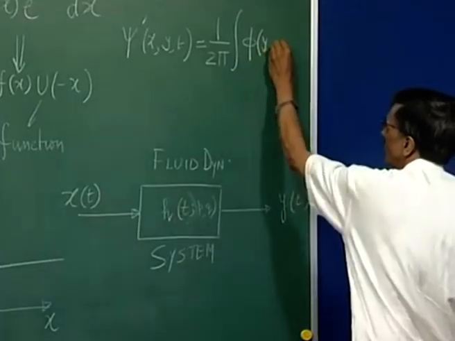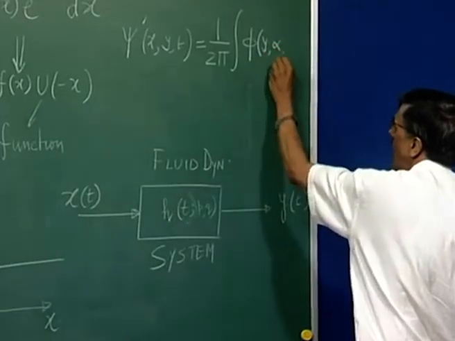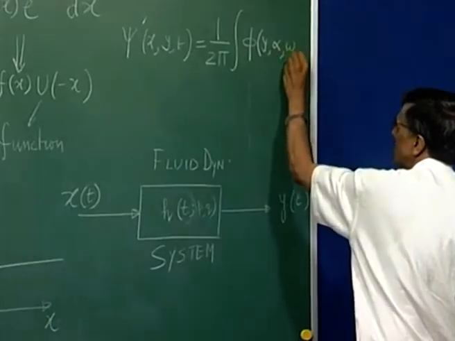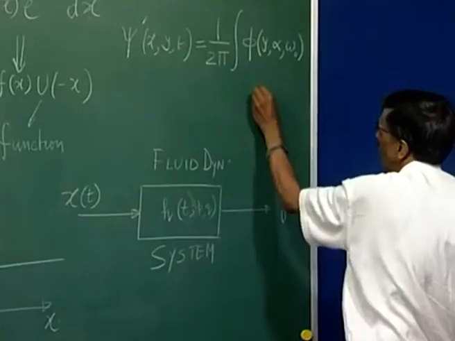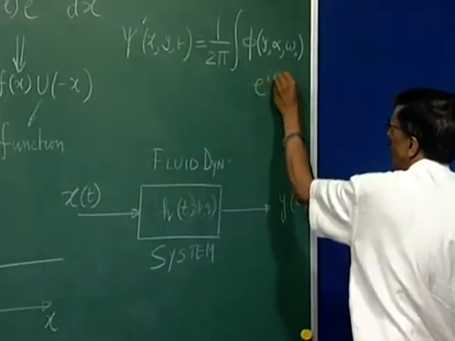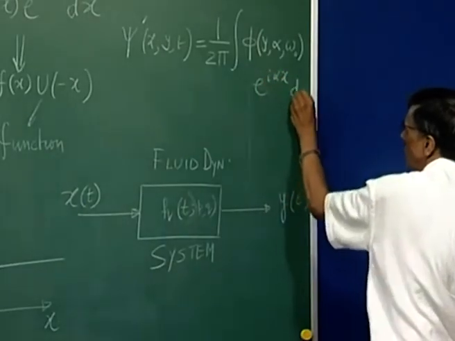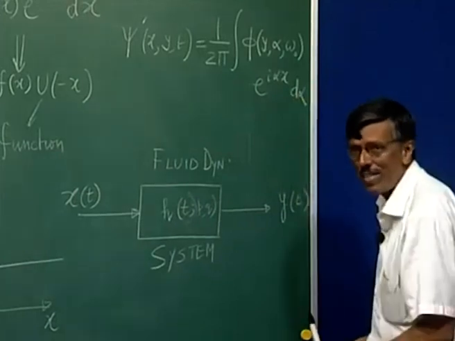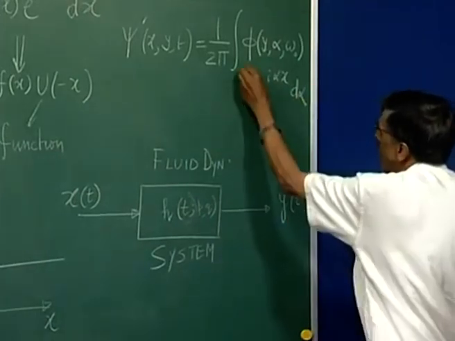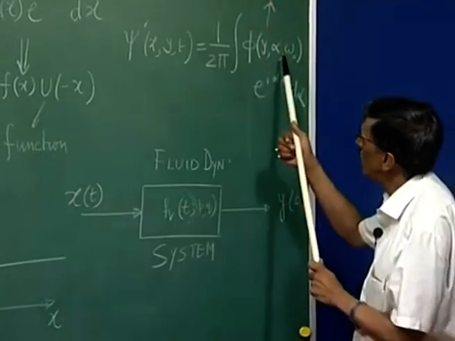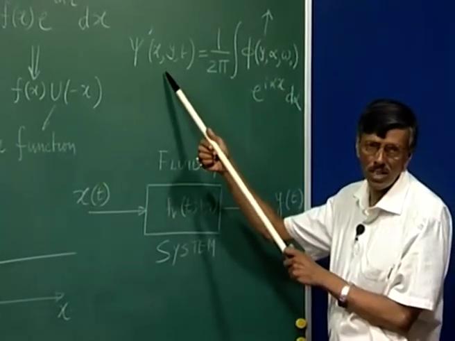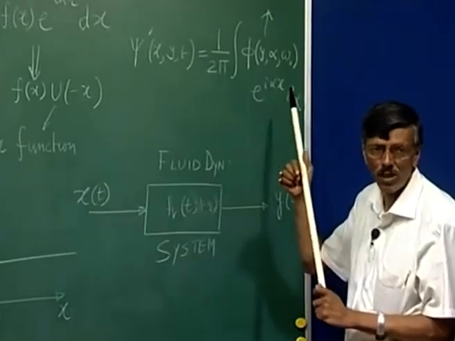It was also a function of alpha, and if we excite the system at a fixed frequency, then we did it like this, e to the power I alpha x d alpha. So, now you can see the connection. This quantity is the Fourier-Laplace transform of the disturbance psi, and the governing equation we have worked out.